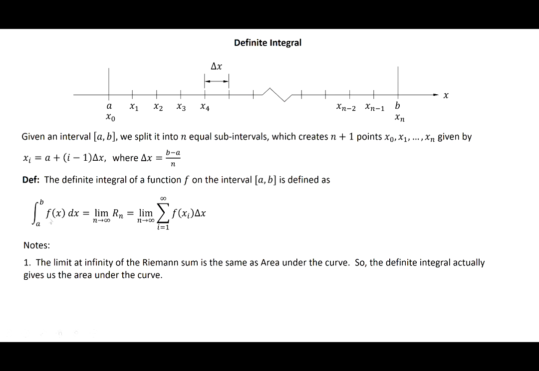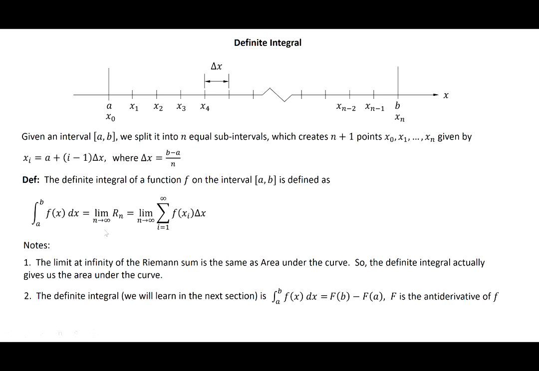If you have a function f defined on the interval a, b, and you want to find the area under that curve on this interval, you can actually use this concept of definite integral. Is this definite integral related to the indefinite integral? Yes, it is. And that's exactly what I'm about to show you next.